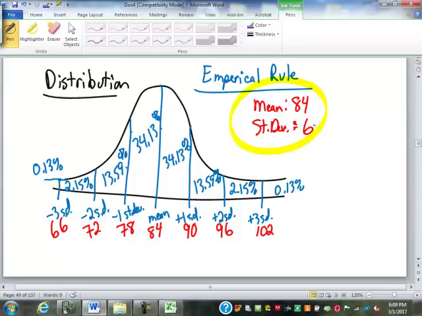So anyway, what does this mean? Well, that means that we expect between 78 and 84, we expect 34.13% of students to be between 78 and 84 for their grade. Between 90 and 96, we expect 13.59% of the students to be between those two scores.